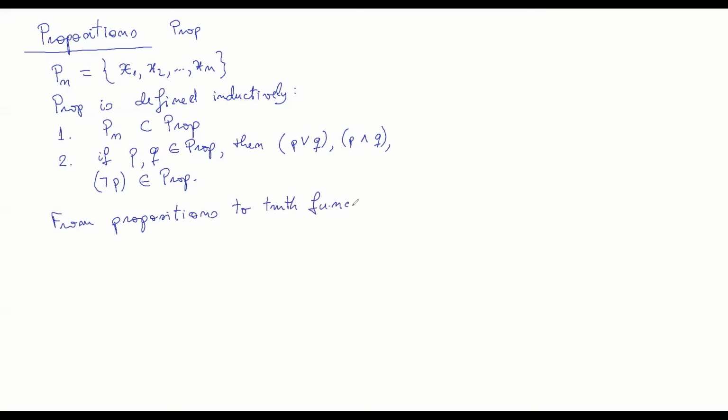What I mean by that is that given a proposition, we can define in a natural way a truth function. And this truth function is going to give a truth value to the proposition you have in your hand. This is going to be called a truth assignment for that proposition, or we will also call them valuations.